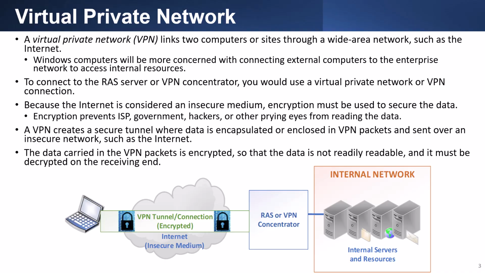Encryption prevents ISP, government, hackers, or other prying eyes from reading the data. A VPN creates a secure tunnel where data is encapsulated or enclosed in VPN packets and sent over an insecure network such as the internet. The data carried in the VPN packet is encrypted so that the data is not readily readable and must be decrypted on the receiving end.